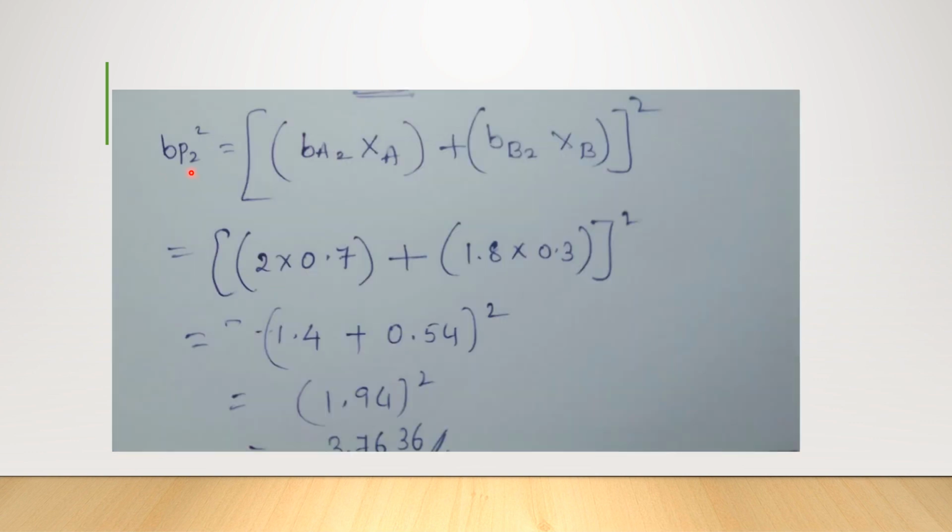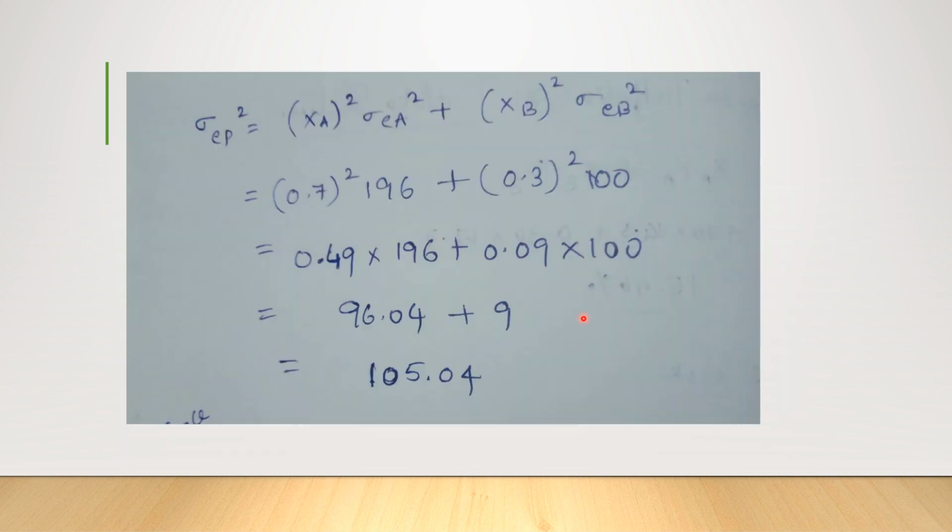Next, BP2 square is found similarly for the second security, multiplying with the portion invested. By doing the calculations, you get 3.7636.